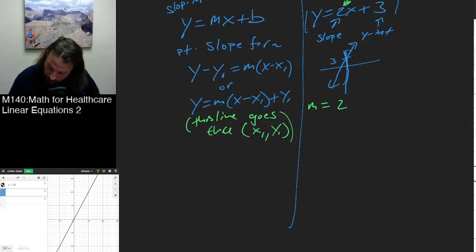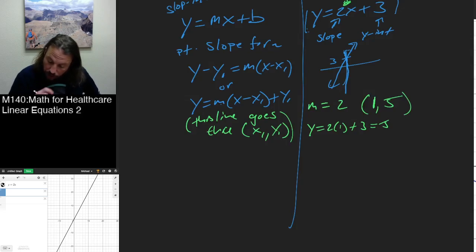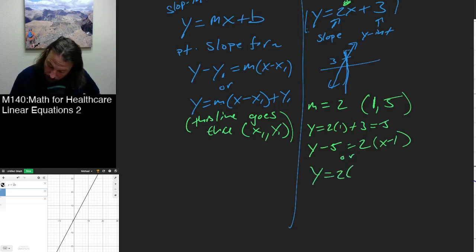Let's see, if I plug in 1 for x, I get y equals 2 times 1 plus 3, and that is 5. So it goes through the point (1, 5). And so a point-slope form would be y minus 5 equal to 2 times x minus 1, or y equals 2 times x minus 1 plus 5.